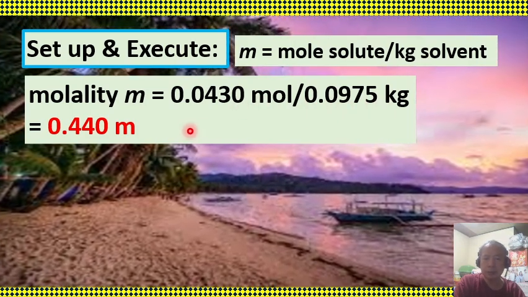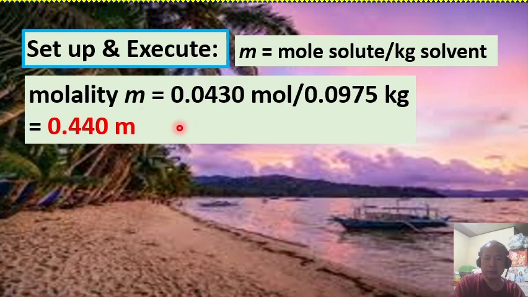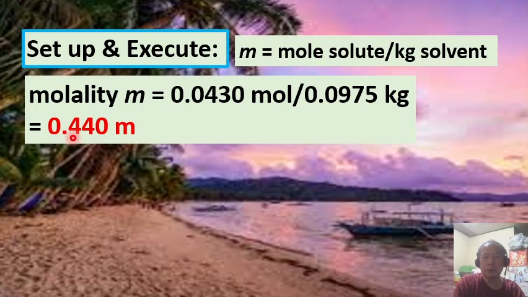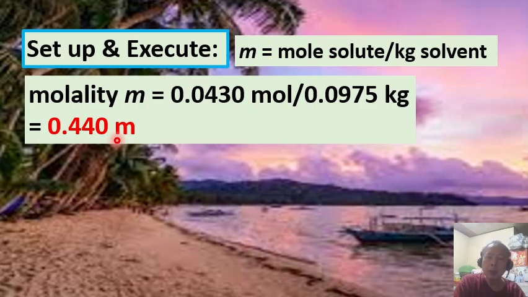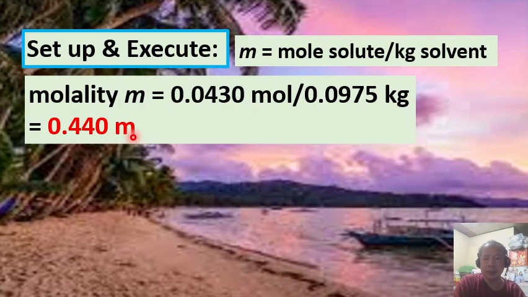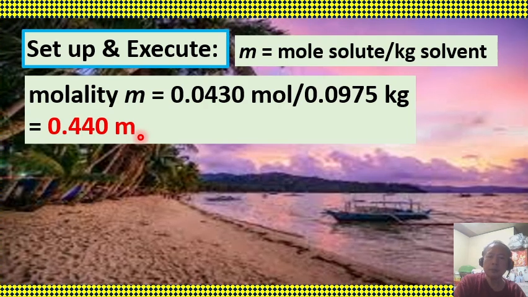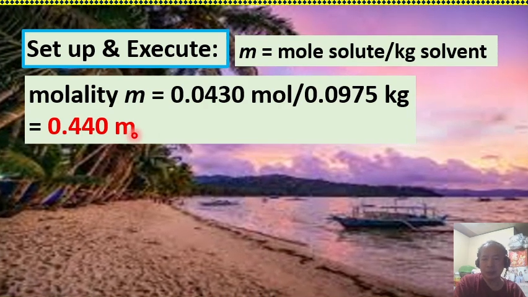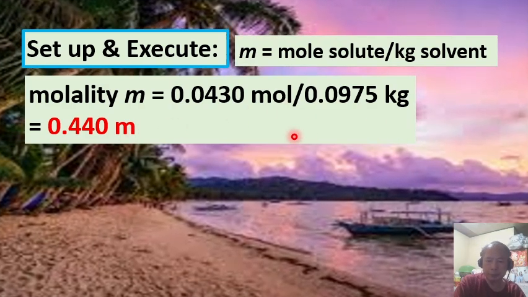When we do the math, we find the molality of the sodium chloride solution, small letter m, equal to 0.440 molals. The unit small letter m means molals, which is the same as moles per kilogram.